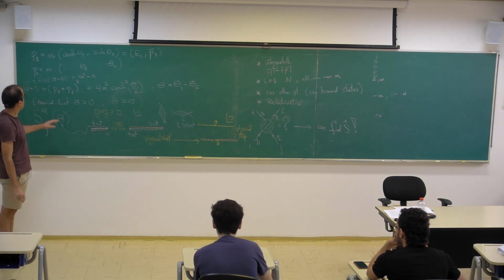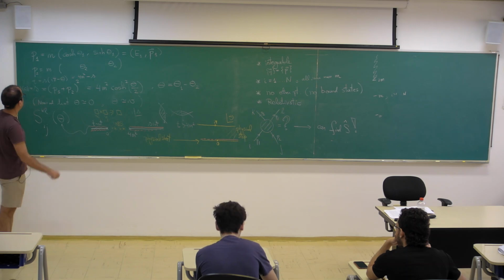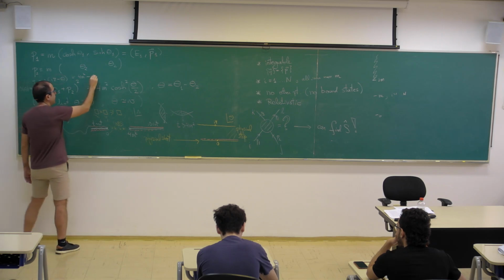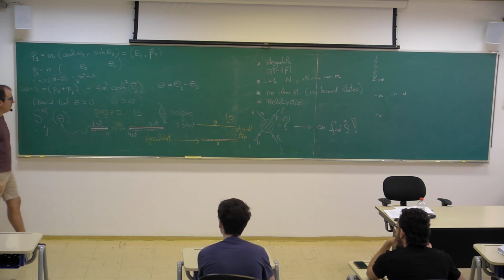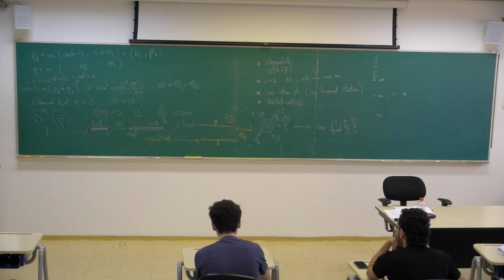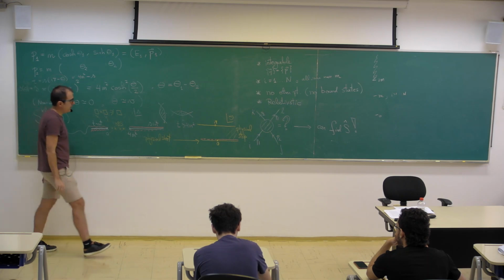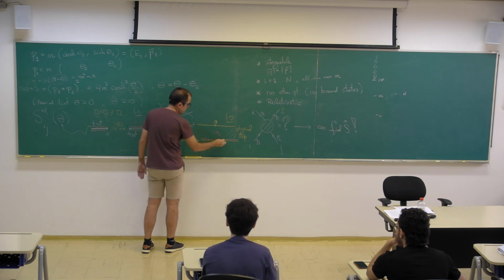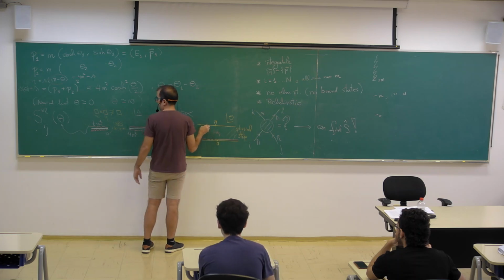And you see that crossing is the transformation theta goes to i pi minus theta, or S goes to 4m squared minus S. So it's a reflection around this point i pi over 2. Crossing would send this cut to this cut, and that's a reflection around this point.